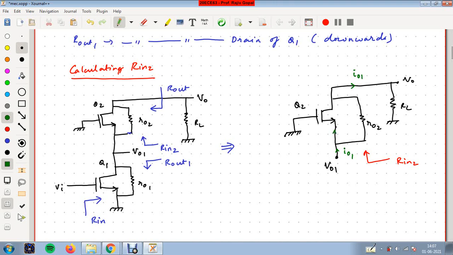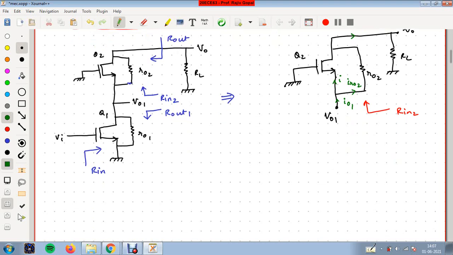Say the current flowing like this is I, and the current through ro2 I will call Iro2. The overall current is I01. Using this I can write I01 as I plus Iro2. Simple KCL here.